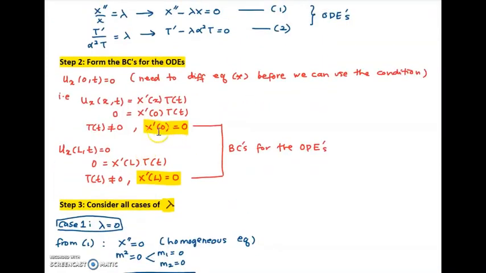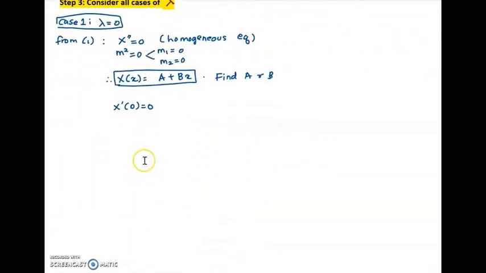But before you can use this one, you need to have the equation for x prime. Here you only have the equation for x, this is not the derivative. So you need to differentiate first. The derivative, x prime of x, is b only.